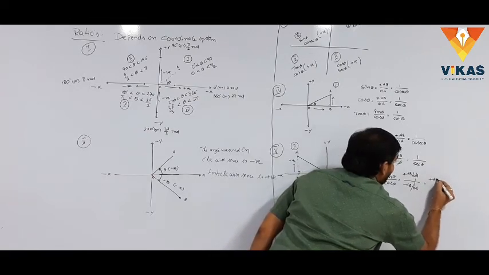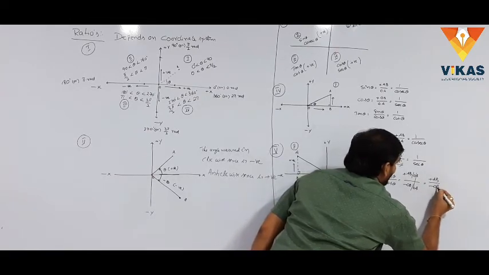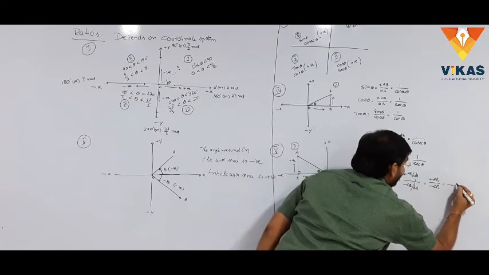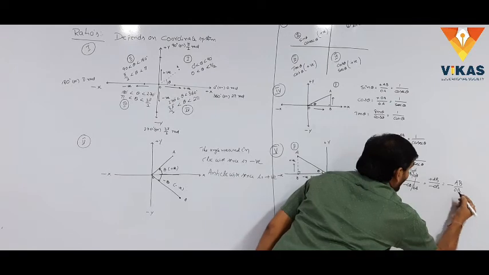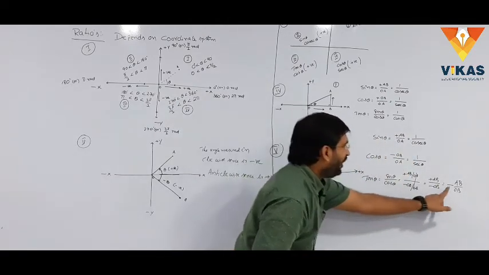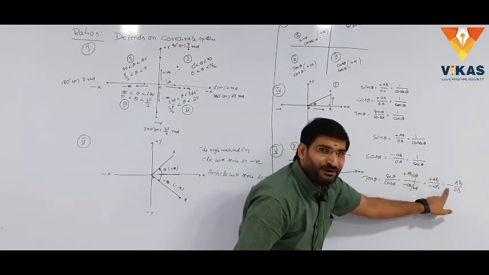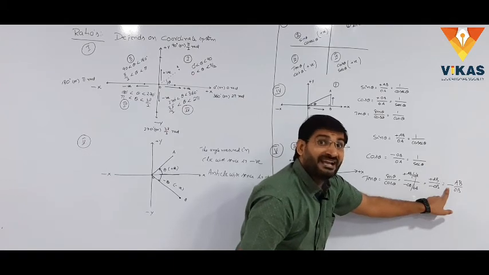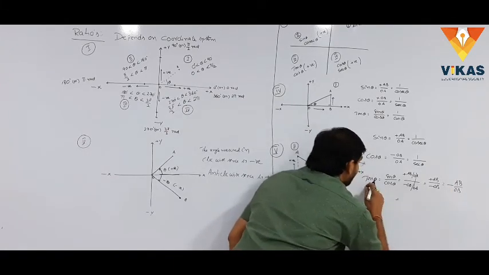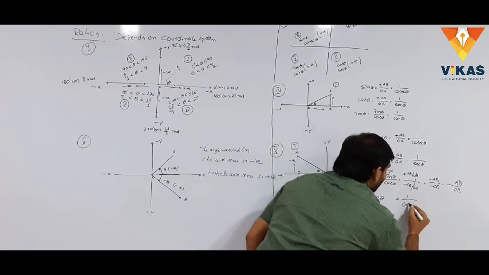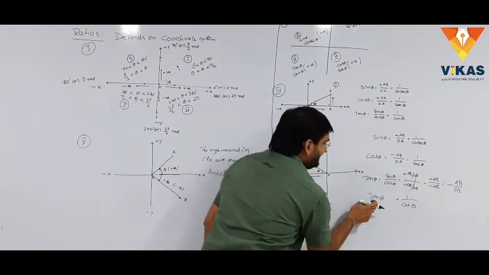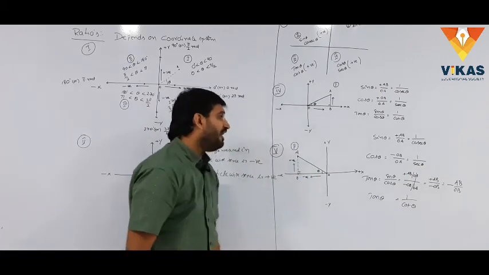Plus AB by minus OB equals minus AB by OB. So tan theta is also negative, and the reciprocal of tan theta is cot theta. If tan theta is negative, the corresponding cot theta is also negative.